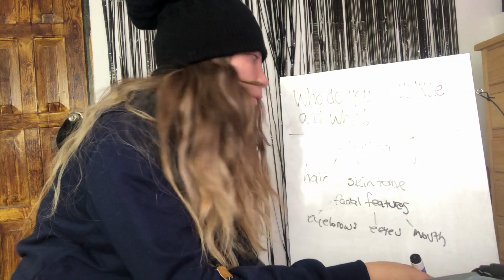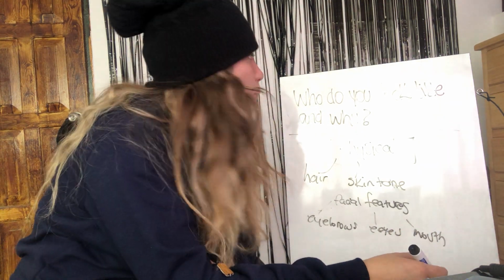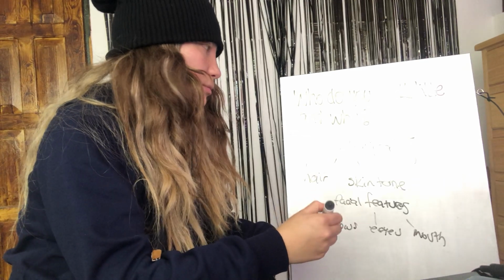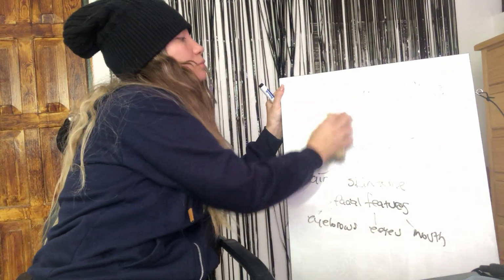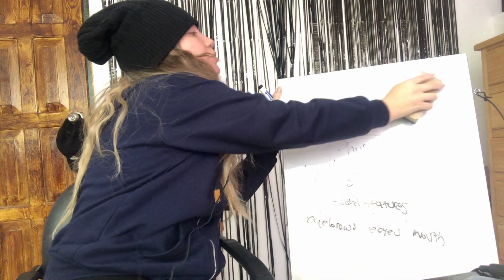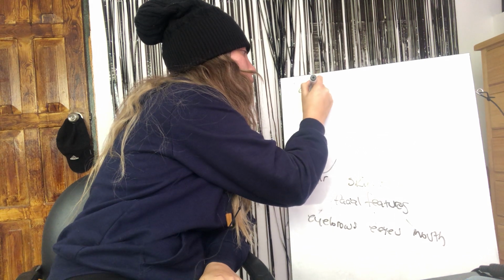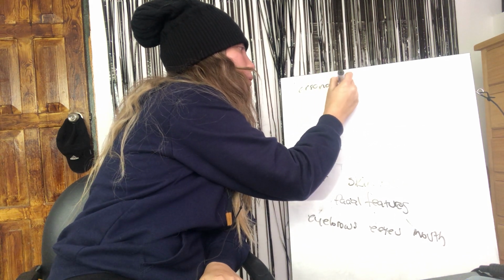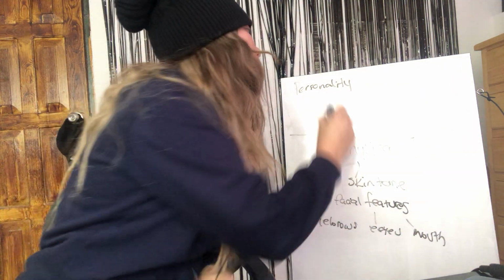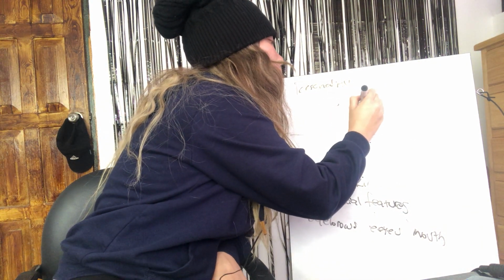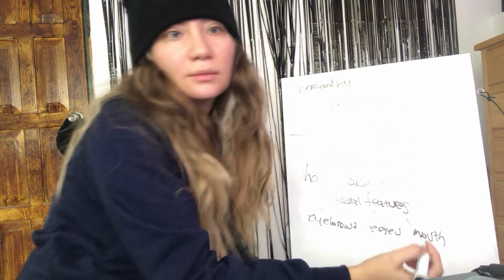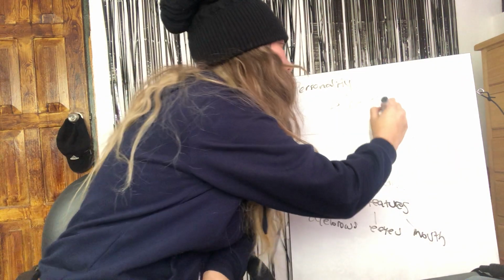Okay, and also we have personality aspects. Okay, what do we have here? For example, the person is honest. What else? Ambitious.